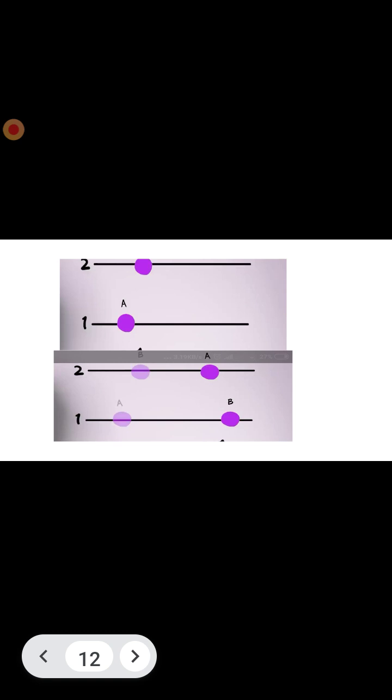What is an antisymmetric wave function? See, in this picture, in the first illustration, assume that we have two energy levels, 1 and 2. At the first energy level, there is electron A, and at the second energy level, we have electron B. In the second case, at the first energy level, we have electron B, and at the second energy level, we have electron A. The wave function obtained in the second case is exactly the negative of what it was before, which is exactly what we want.